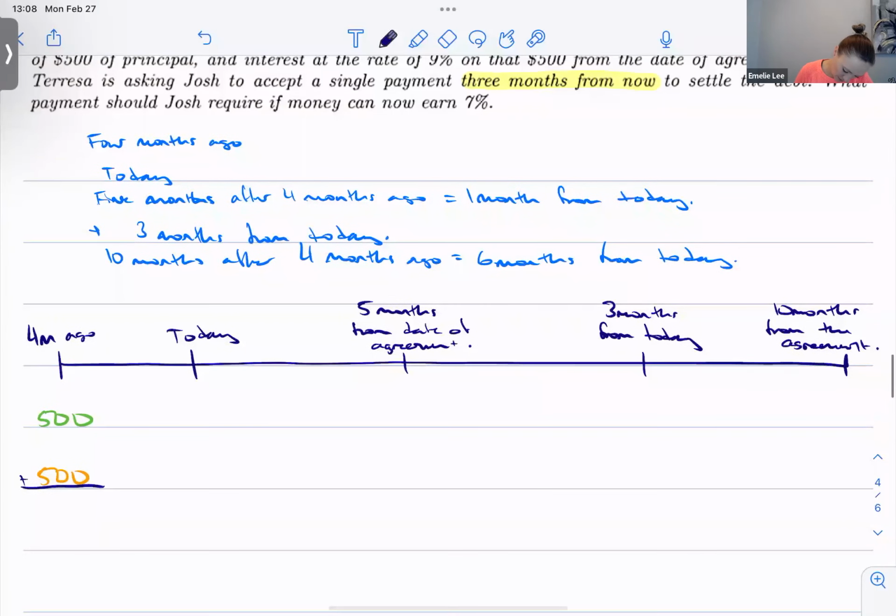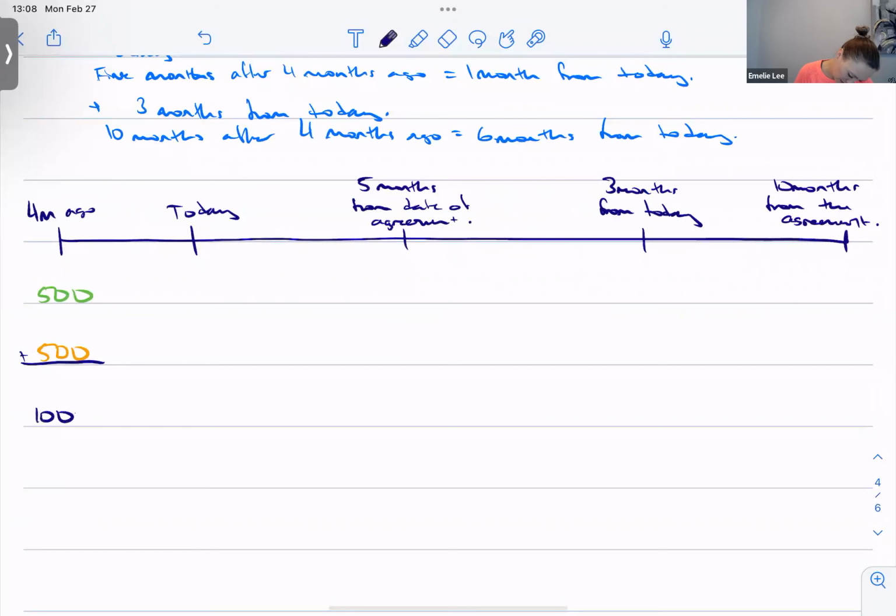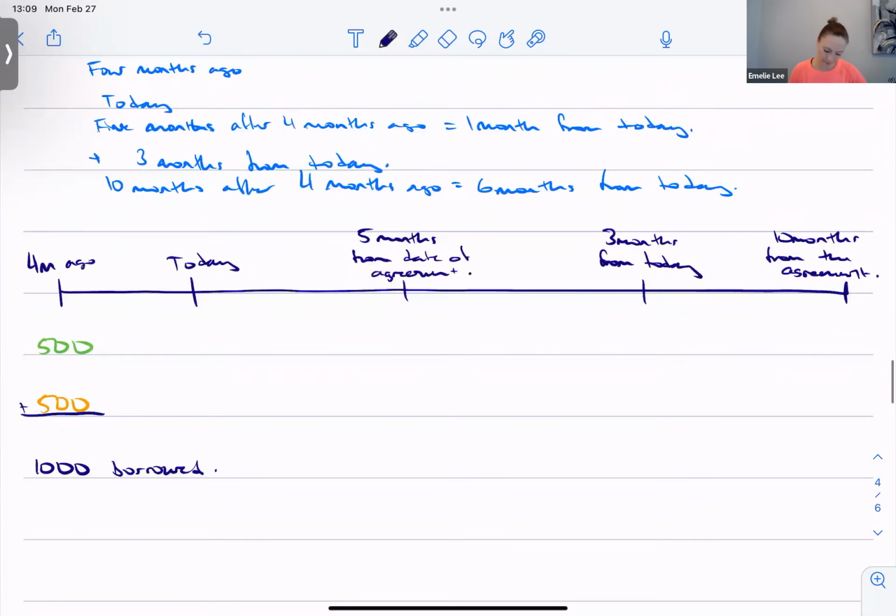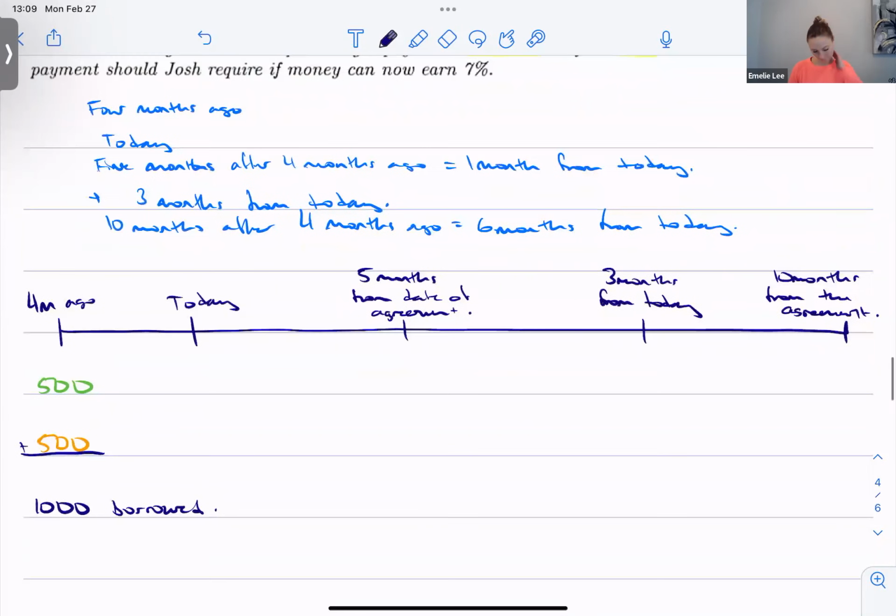Adding those up is the $1,000 borrowed. So the initial repayment schedule looked like this.